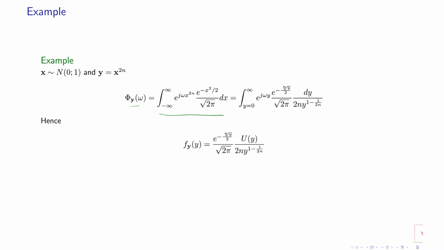The first integral in the previous slide gives you another. So here this x is a dummy variable. So you could say that x to the power of 2n, you could say y.